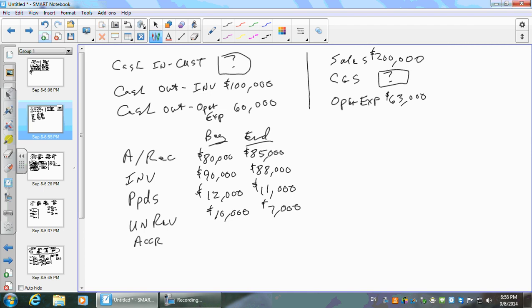Accrued liabilities. Accounts payable. Accrued liabilities. $16,000. $20,000.